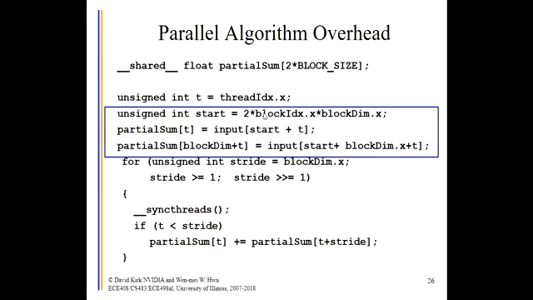And then each thread is going to be loading from the start position plus the thread index for that first half of the elements. And then every thread is going to add the block dim to the thread index, and everyone will be loading the second half of the input segment, right?